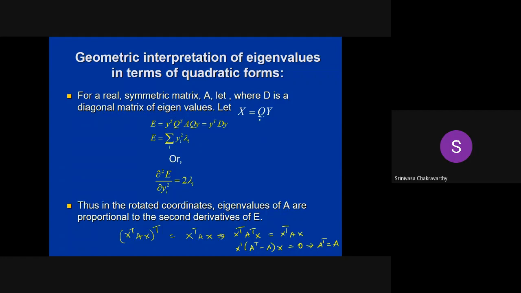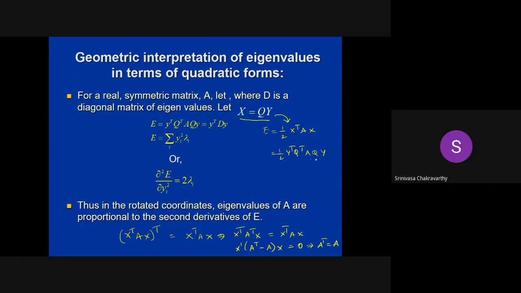So let us take the orthogonal matrix corresponding to A, and define a transformation x equal to Qy. Now plug this into the expression. We have E equal to half of x transpose Ax, which becomes half of y transpose Q transpose A Q y.